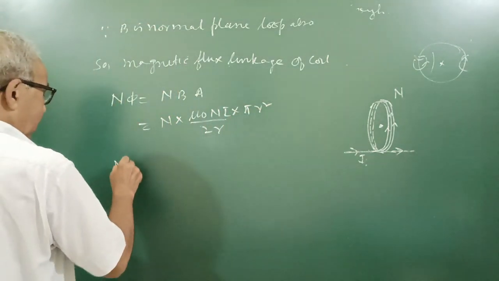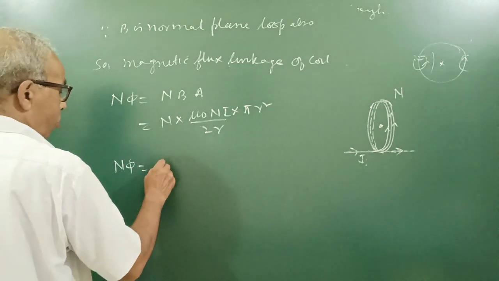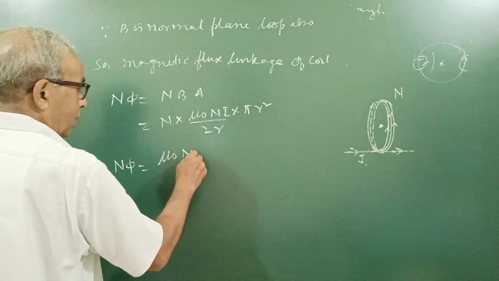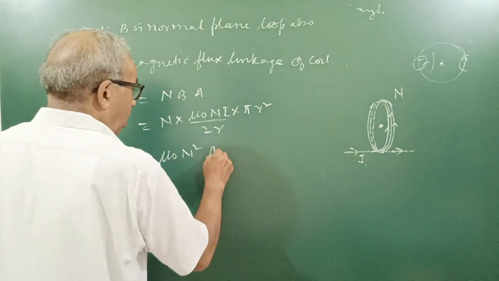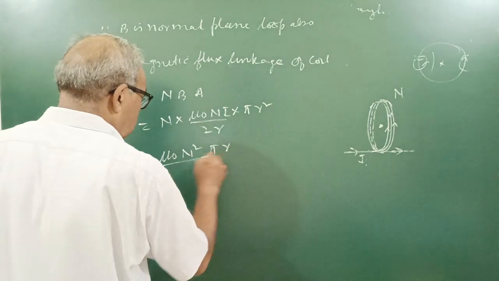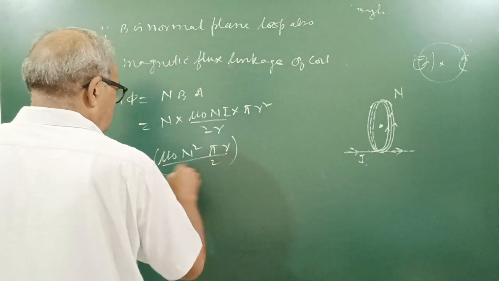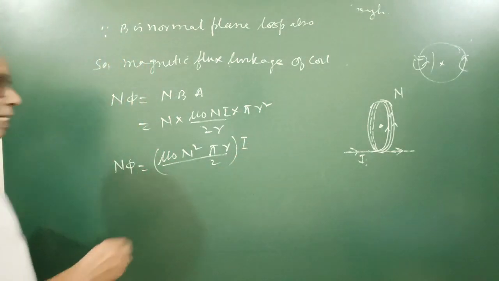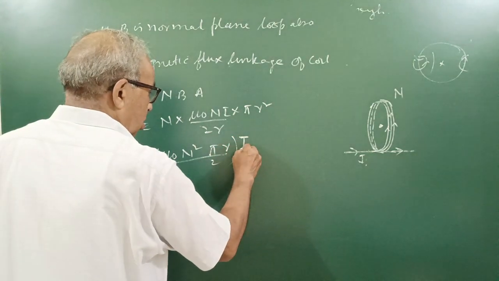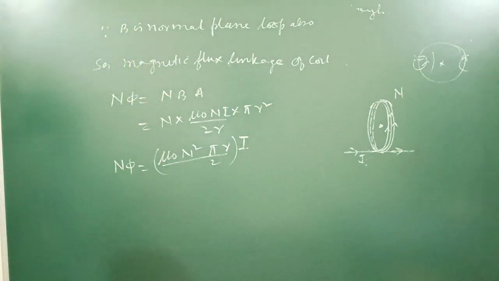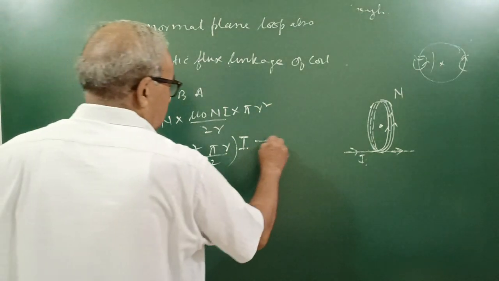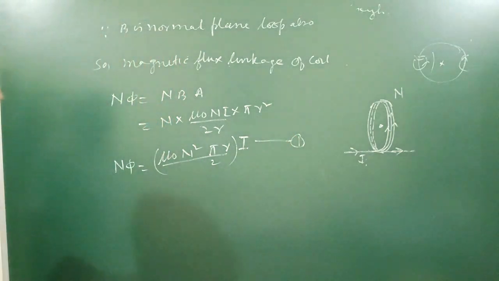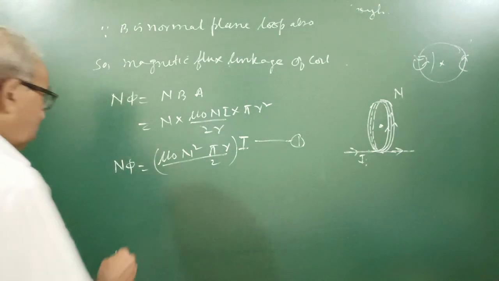So you can write N phi equal to mu 0 N square pi R upon 2 into I. This is the magnetic flux linkage.